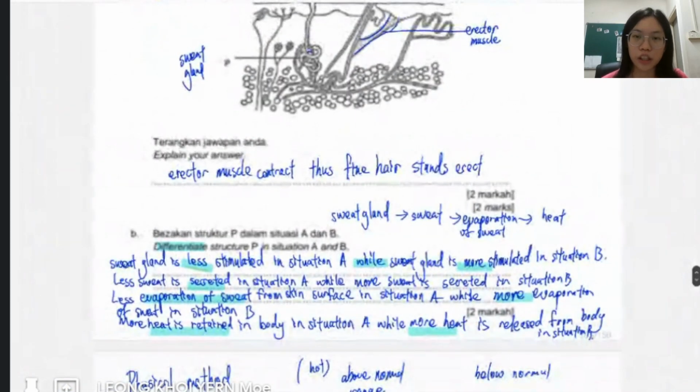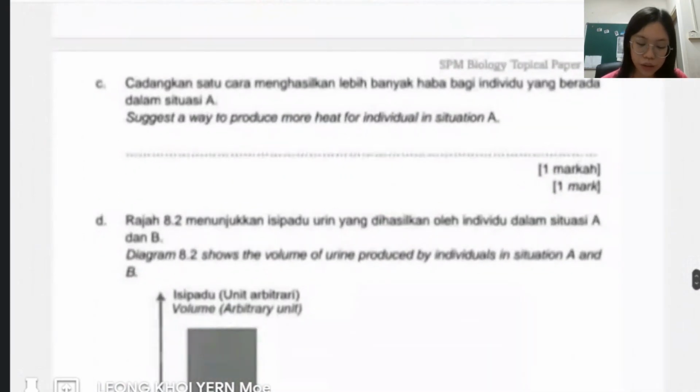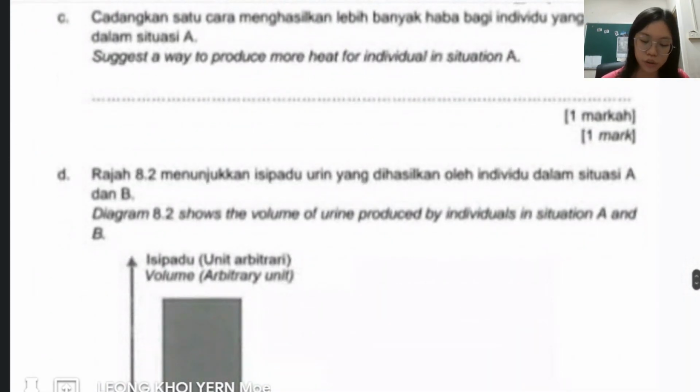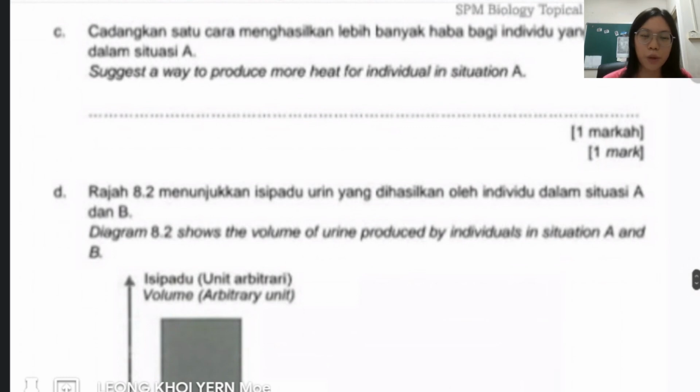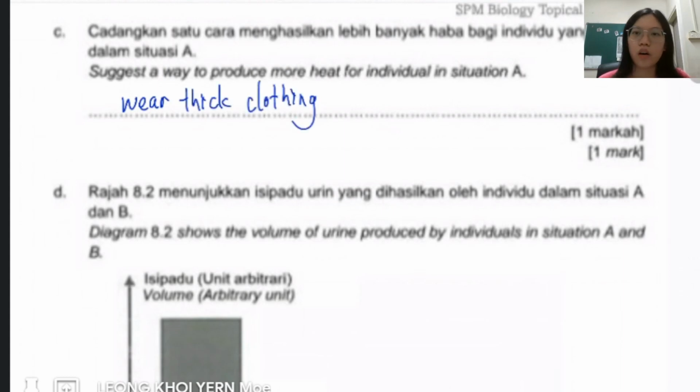What is the action of structure P? And now let's move on to right here. Suggest a way to produce more heat for an individual in situation A. So it's just suggesting lah. It's more of an out-of-the-box question. You just mention, oh, you can actually wear a jacket, I mean wear thick clothing, or cover with a blanket.